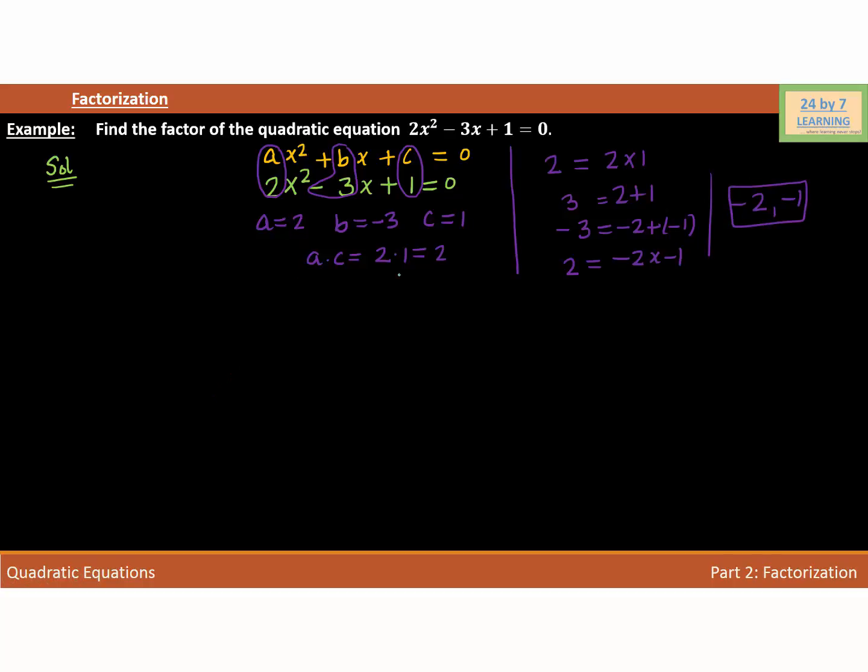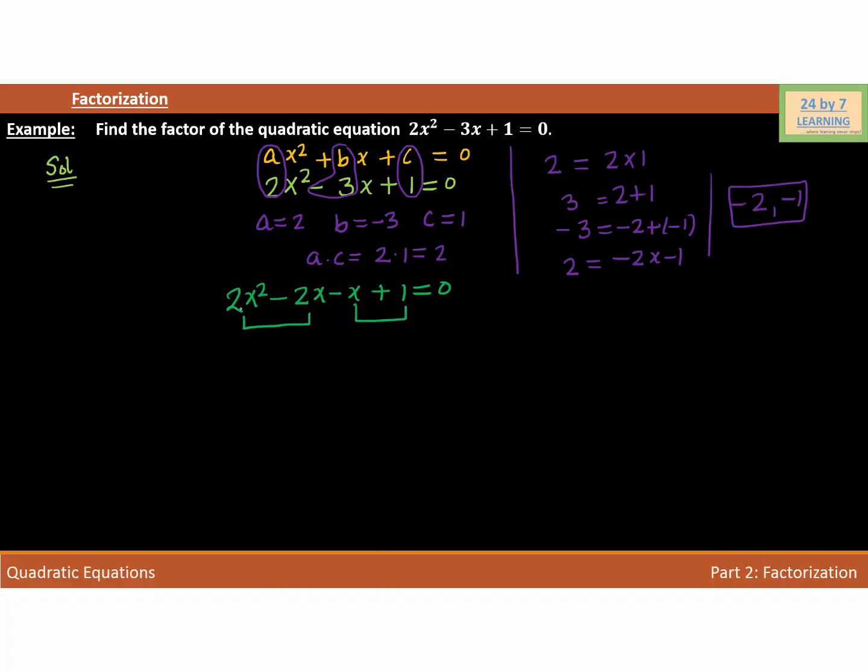So let's use these two factors. I can write my actual equation as 2x squared minus 2x minus x plus 1 is equal to 0. I'm going to take these two terms together and these two terms together.